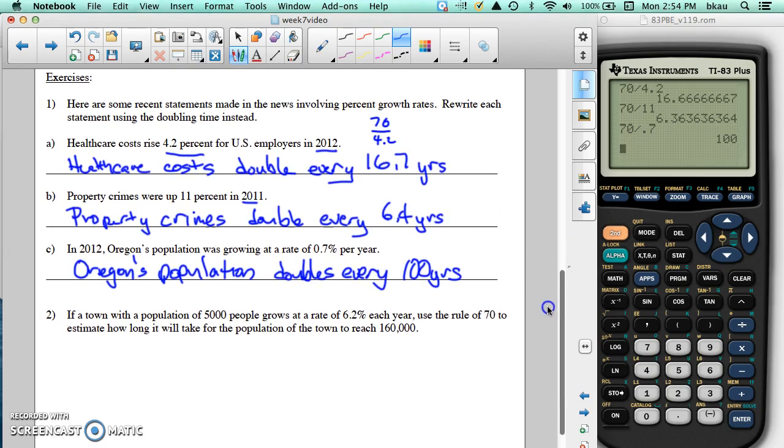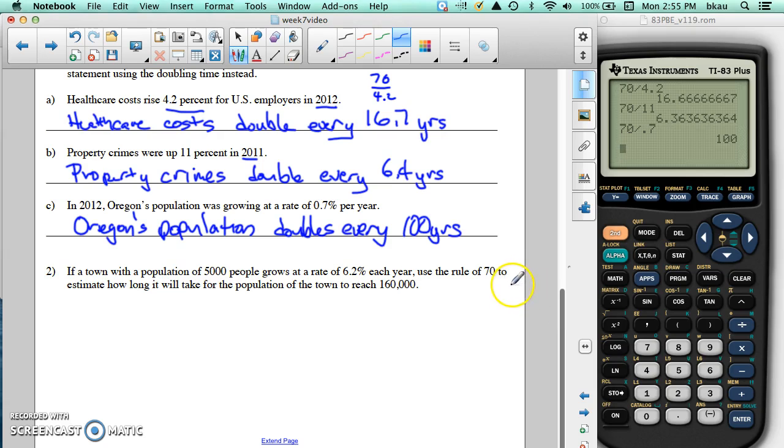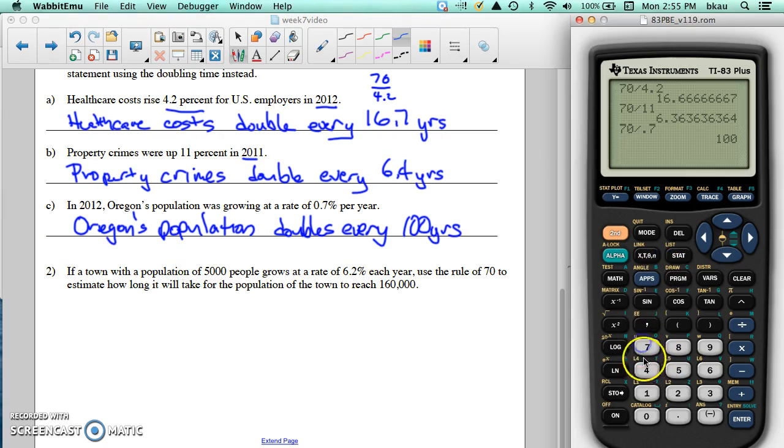Okay, in the last problem, we're going to start with 5,000 people, and we want to get to 160,000. Use the rule of 70 to estimate how long that's going to take. Well, we know it can double, so we can find our doubling time by taking 70 divided by 6.2.